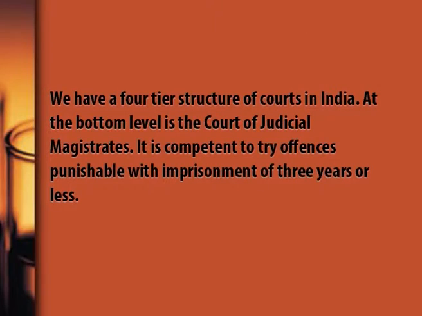Next, we will be discussing courts. The cases instituted by the state police and the central investigating agency are adjudicated by the courts only. We have a 4-tier structure of the courts in India. At the bottom level is the Court of Judicial Magistrates. It is competent to try offences punishable with imprisonment of 3 years or less.